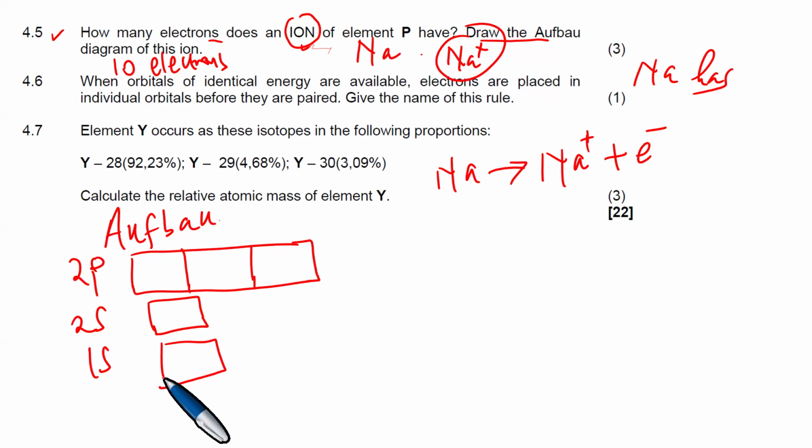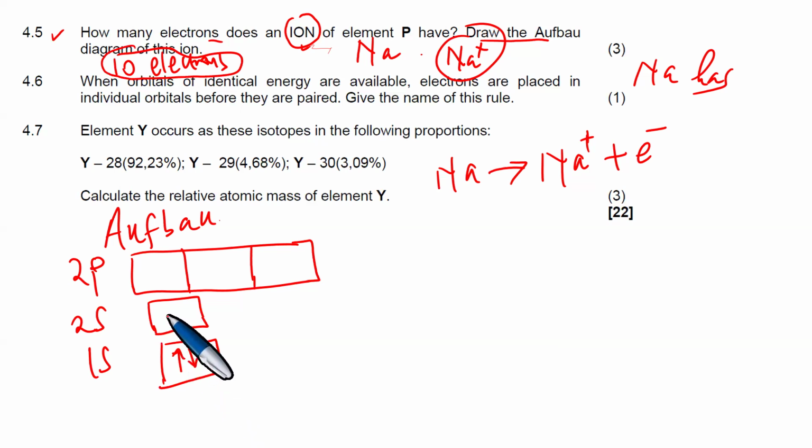This one also has a single cell for the 1s. Now we note that we're dealing with a total of 10 electrons and we need to put the electrons in. We start with 1s, which can have a maximum of 2 electrons.